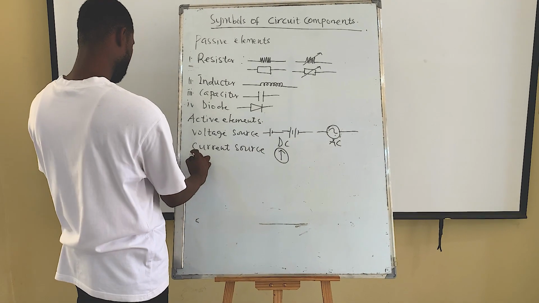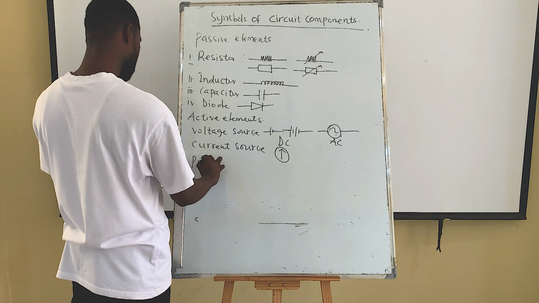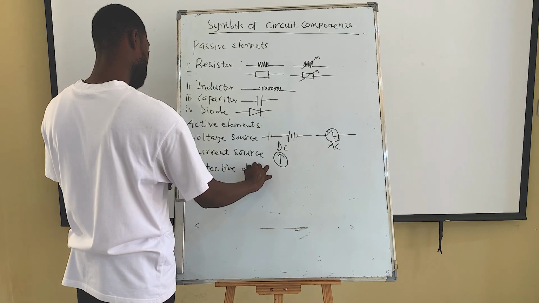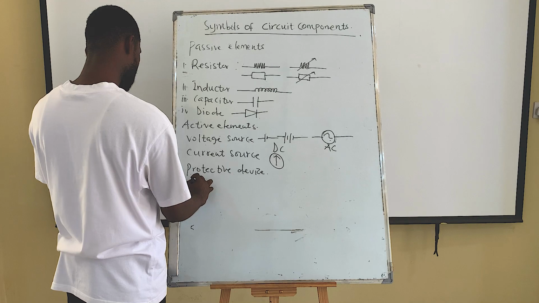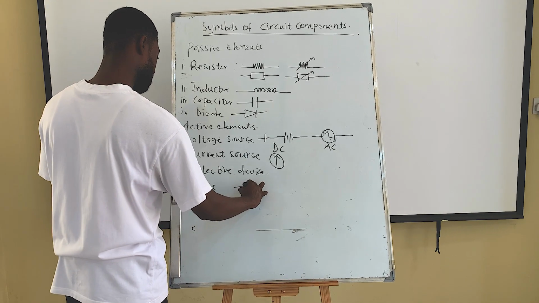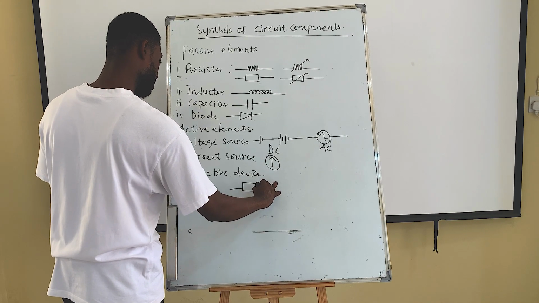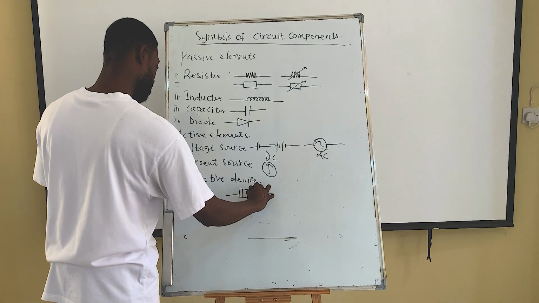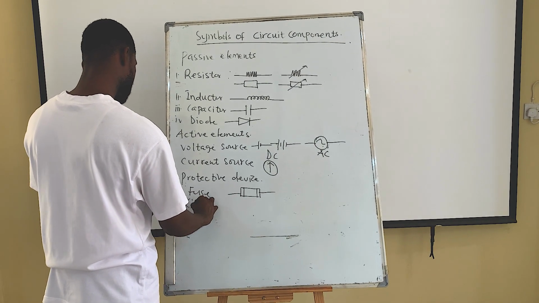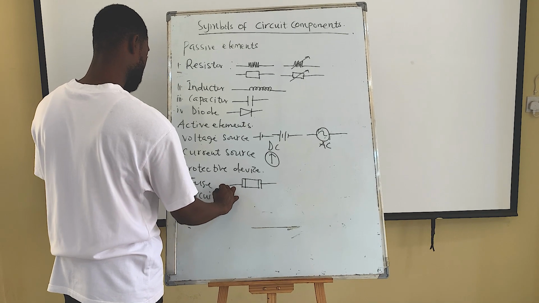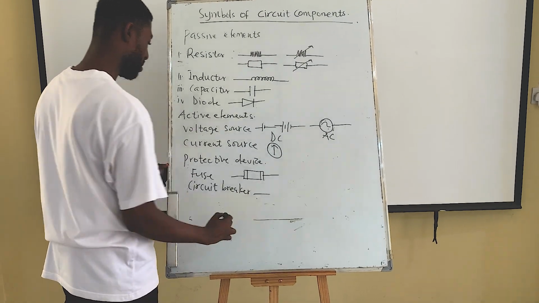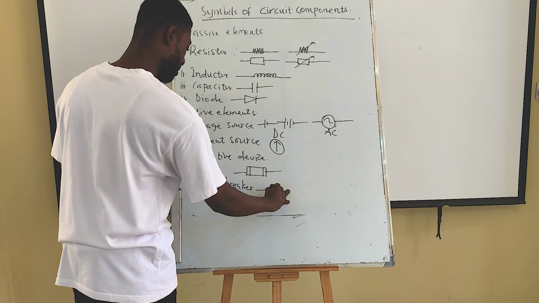Then the protective devices. Let's look at the symbol for a fuse. So this is the symbol for a fuse. Let's look at the circuit breaker. And this is the circuit breaker.